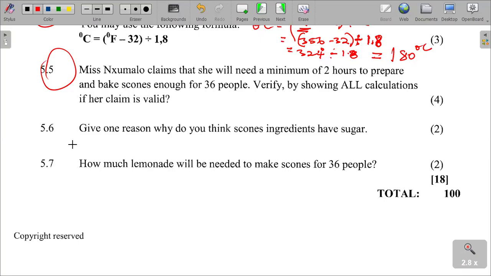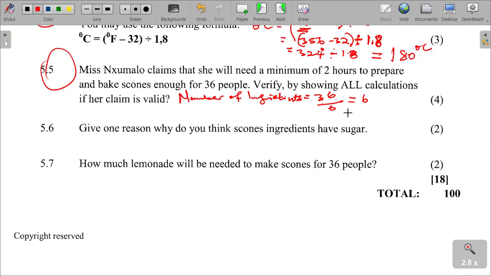Number of ingredients is equal to 36 people divided by 6. That is equal to 6.